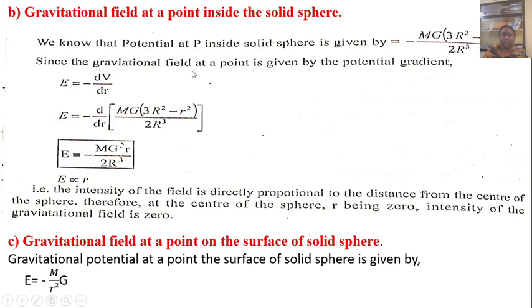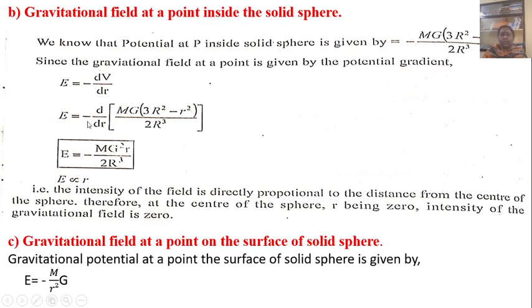So since the gravitational field at a point is given by the potential gradient, E equal to minus dV upon dr. So putting the value of V here, E equal to minus d/dr of V, having the value that is MG into 3R square minus r square upon 2R cube.